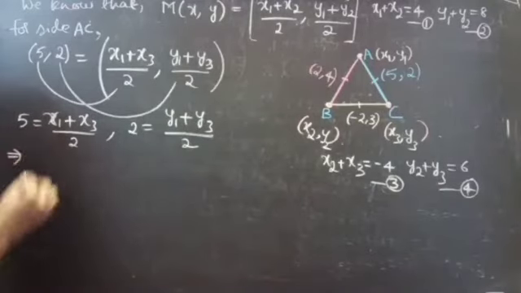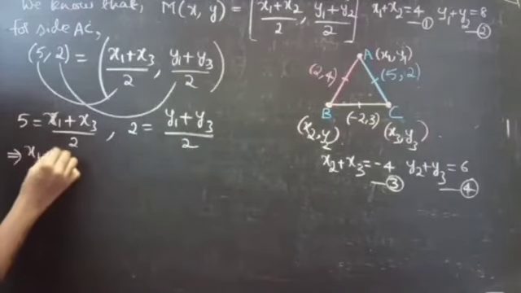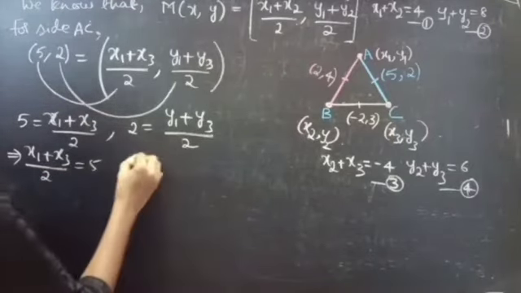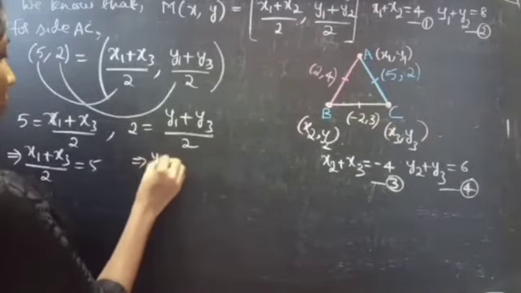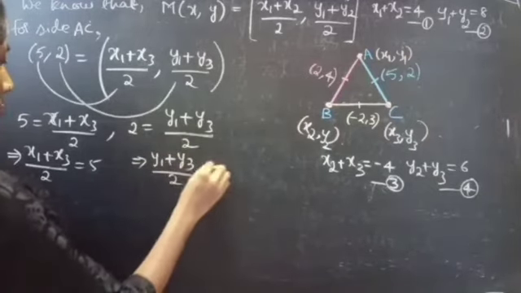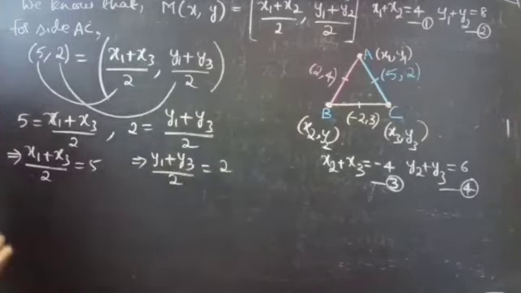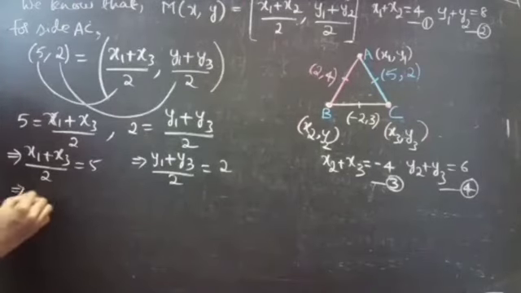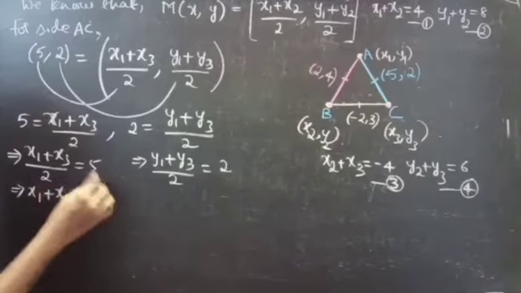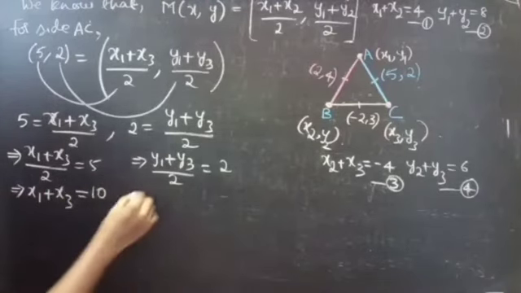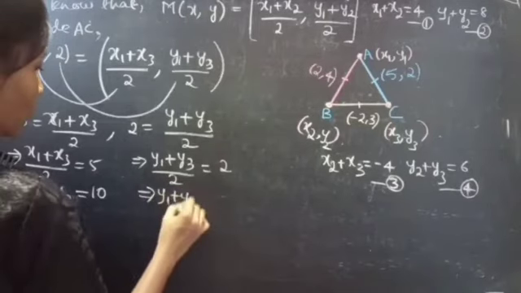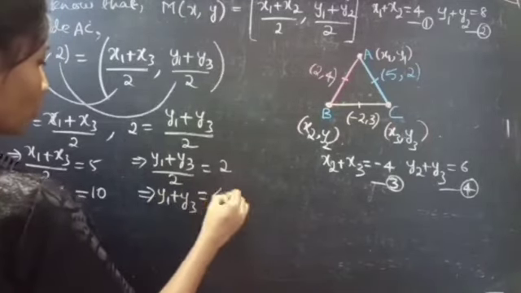So you can write it as x1 plus x3 by 2 equals 5, and y1 plus y3 by 2 equals 2. So you get x1 plus x3 equals 2 fives are 10, and y1 plus y3 equals 2 twos are 4.